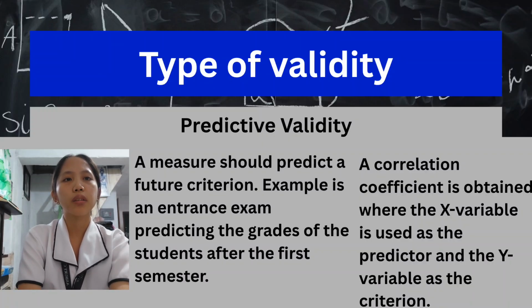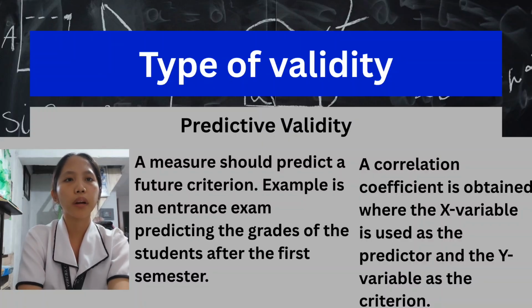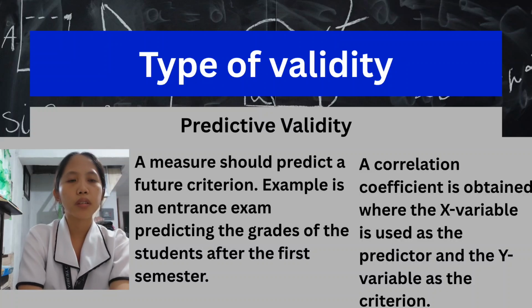So dito we have the procedure in predictive validity. A correlation coefficient is obtained where the x variable is used as the predictor and the y variable as the criterion. Medyo complicated but it is simple.